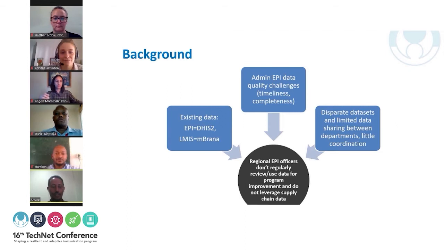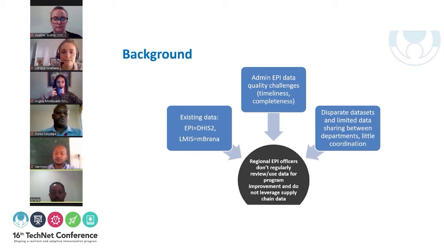So as you said, yes, let me share with you some of the practical experiences JSI in Ethiopia has supporting triangulating data using different data sources. In Ethiopia, there are standardized data sources for the immunization program, like other health programs. So some of them are DHIS2 for administrative immunization data, and Brana for LMIS.